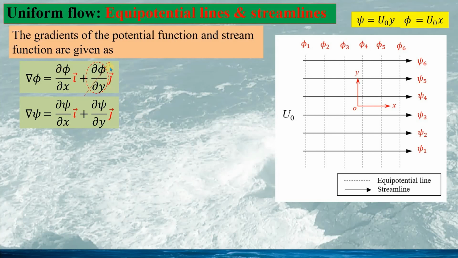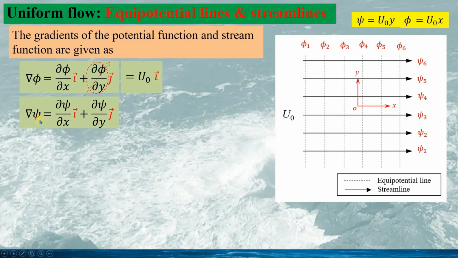In the uniform flow, the potential function only depends on x. So the partial differentiation of the potential function with regard to y is 0. Thus, the gradient of the velocity potential function would be given as u0 times the unit vector i along the x-axis.